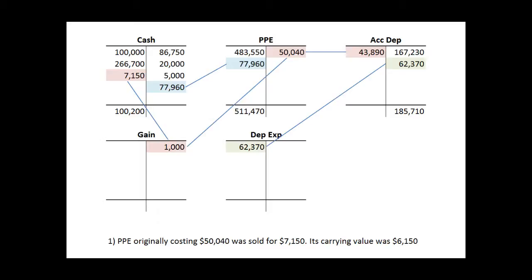If we think about all of these going into the transaction, we've already put that one in. We're going to put 43,890 in here, so that's a debit that comes up at this point. Cash, we're going to put up in the cash T account up here. That deals with that one.